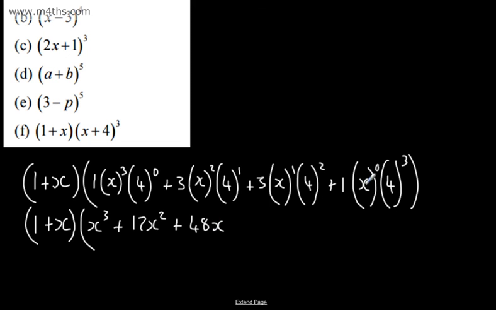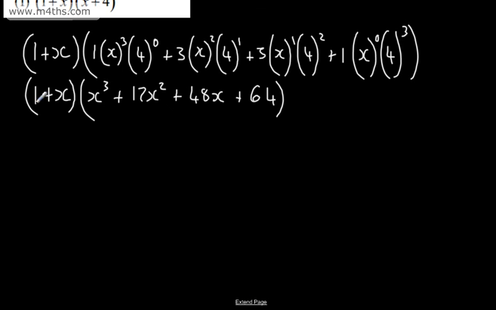And this is going to give me 1 times by x to the 0, which is 1, and then plus now 64. So all we do at this stage is multiply through. So we'll start with the 1. So we'll have x cubed plus 12x squared plus 48x plus 64.